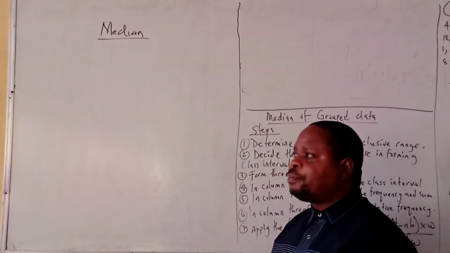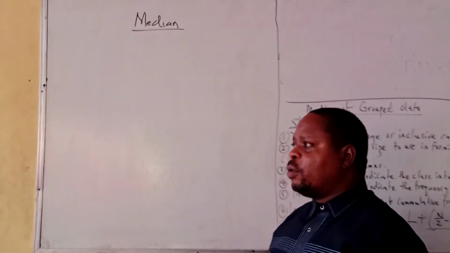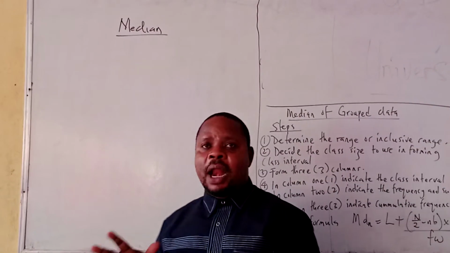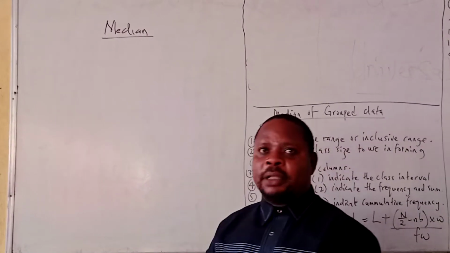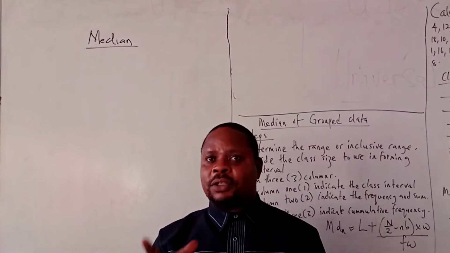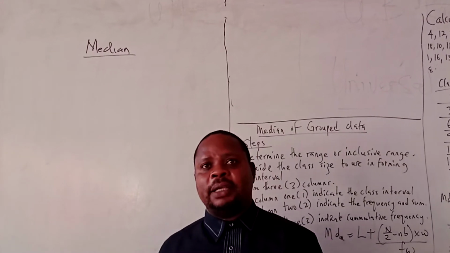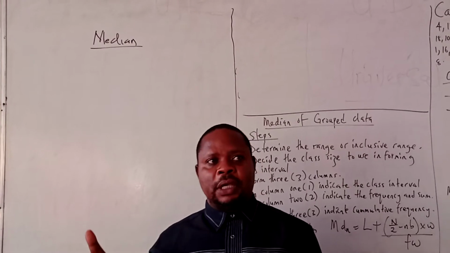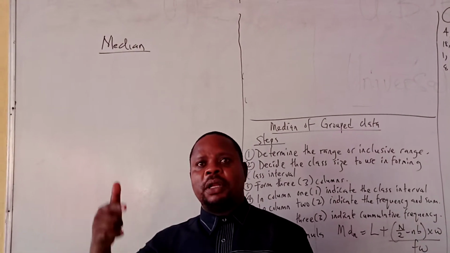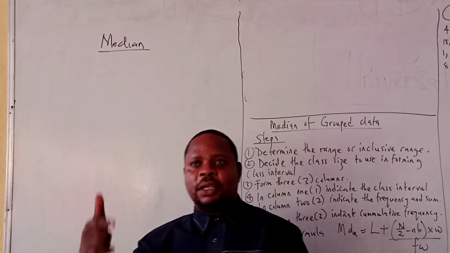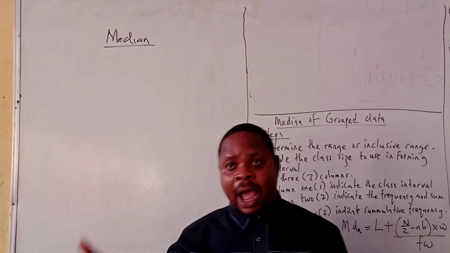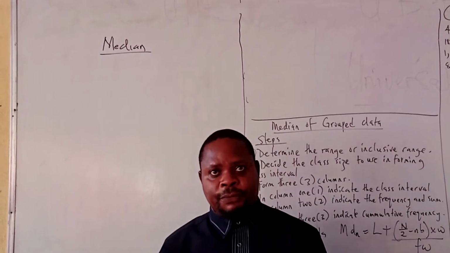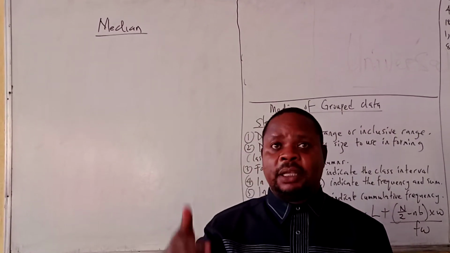We're going to look at median of an ungrouped data. Now, in calculating median of an ungrouped data, there are two things that you must consider: whether the data is odd numbered or even numbered. The data is odd numbered if it has a number of scores that falls on an odd number, for instance 3, 5, 7, 9, 11, 13, 15, 17, 19, and so forth.